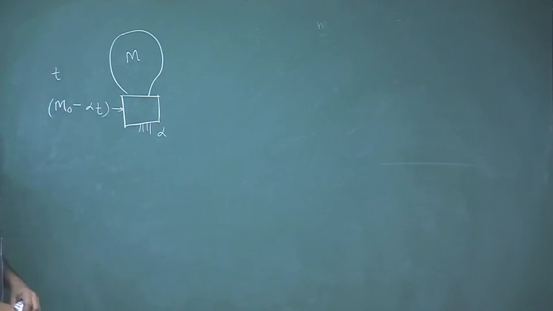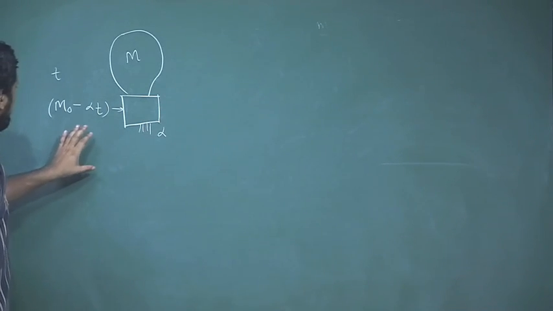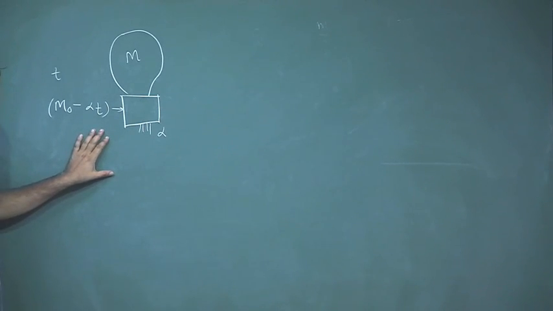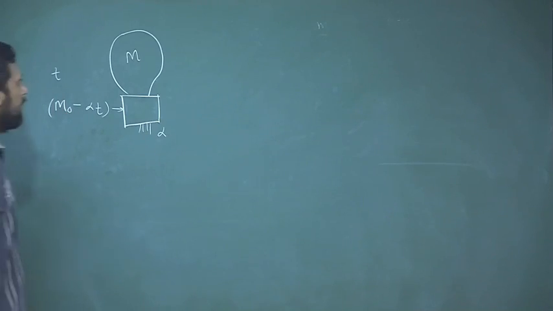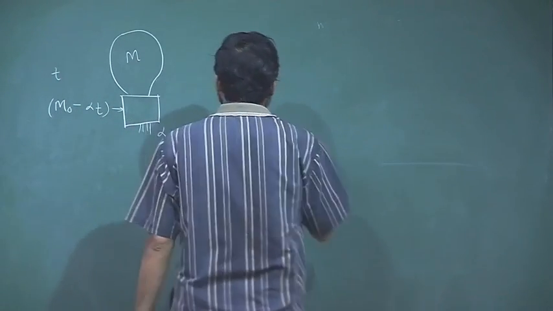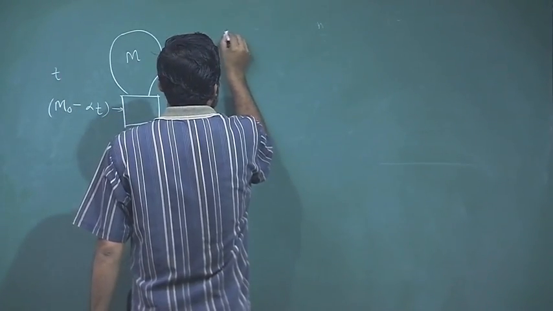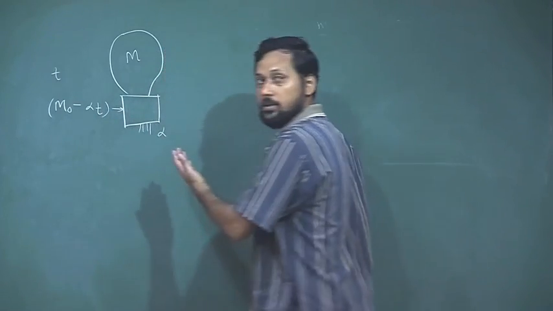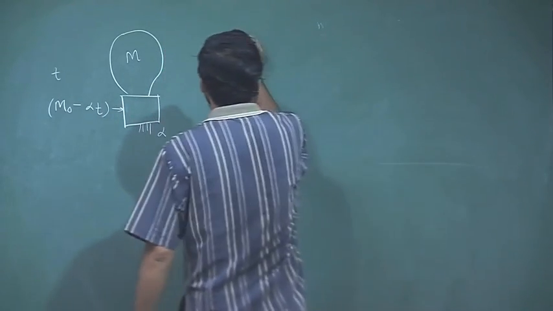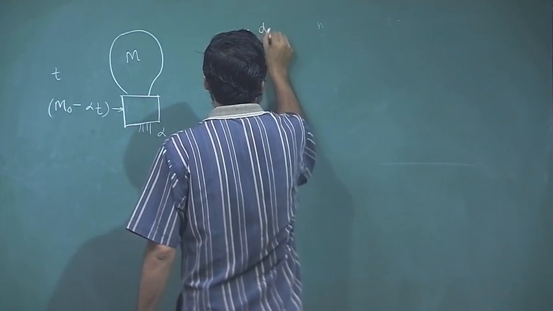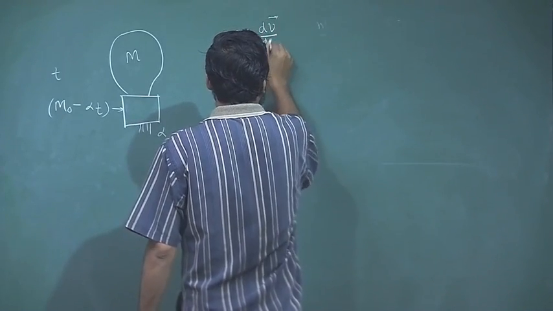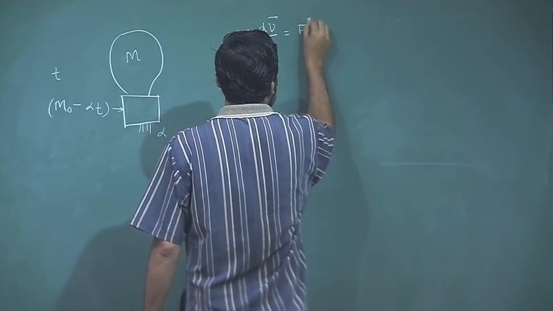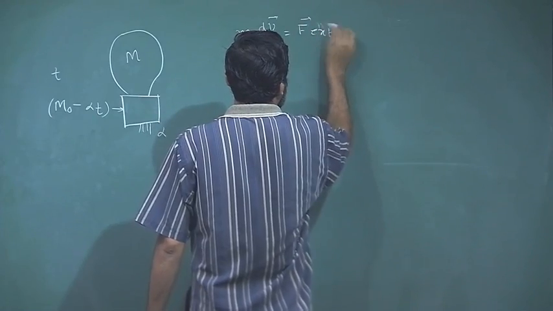Okay. Fine. So, essentially what we have to do is write the equation of motion for this particular system at any time t. Now, in order to do that, please recall that the equation of motion generally is given by m dv/dt equal to F external.